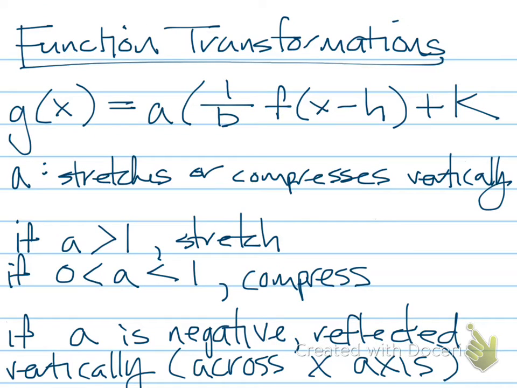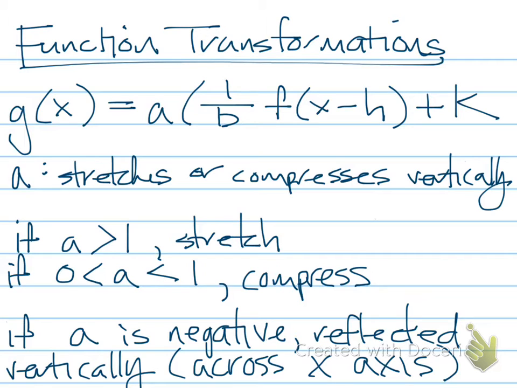All right, in this lesson, we're going to be looking at function transformations. So the general format for a function is going to be a times some quantity, 1 over b, times f of x minus h plus k, where a causes the parent function, the graph, to either stretch or compress vertically.